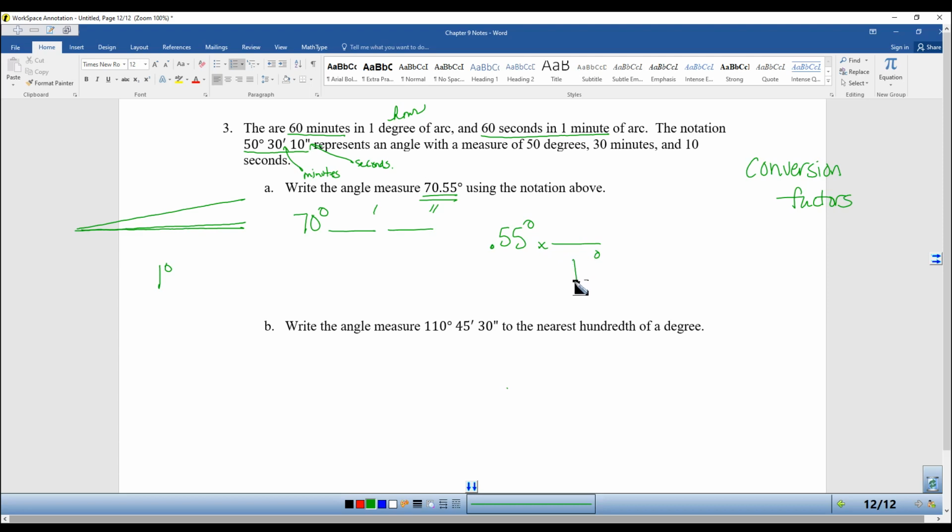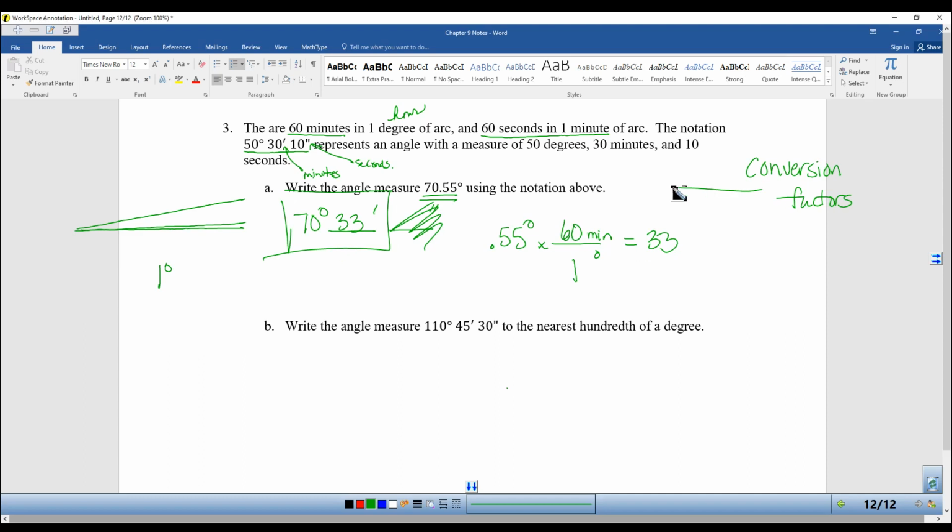In 1 degree, there are 60 minutes. So I multiply 0.55 times 60, and I get 33. So there are 33 minutes. I didn't get another decimal, so there's no seconds. 0.55 is exactly 33 minutes.